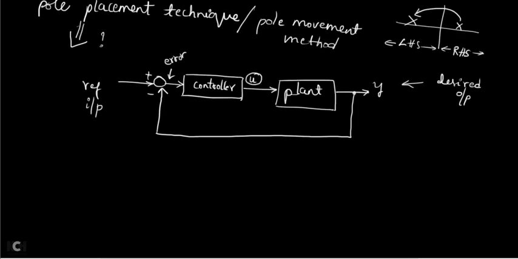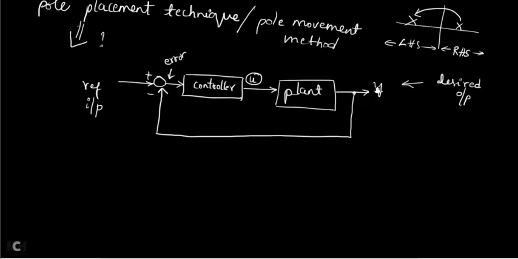This U acts as input to the plant, and the controller changes the U value until this error becomes 0. Because the error becomes 0, the U you are giving as input to the plant will give the particular output Y that you wanted. Because you have taken the feedback from the output and are measuring the error, that error generates a control signal called U, and because of this U, the plant will produce the desired output.